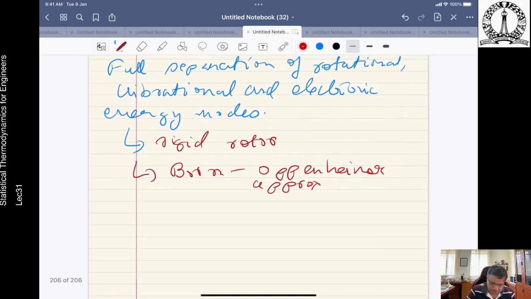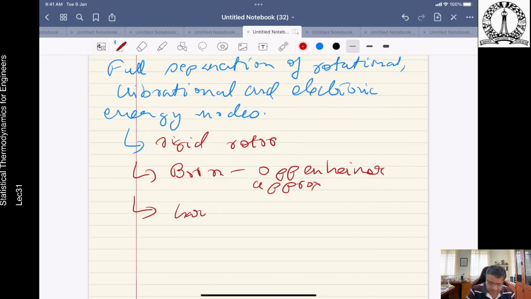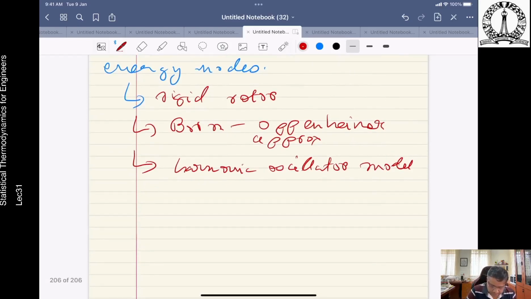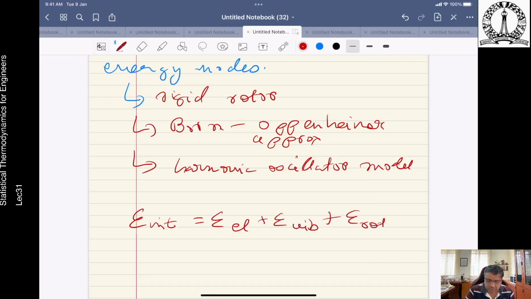And of course we had the harmonic oscillator model. So we expressed that, remember the external energy was all translational, the internal energy is written as electronic plus energy due to vibration plus energy due to rotation.